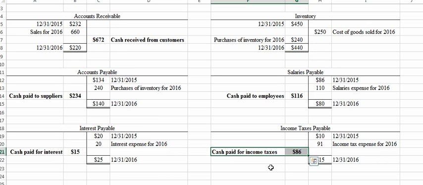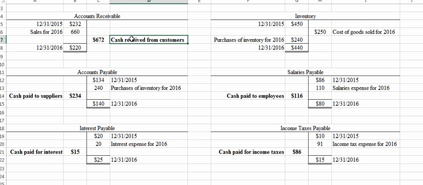Now let's make sure that works. I don't believe it will. You got 101 million, the 10 plus the 91 minus the 15 that did not get paid. Yes, 86.